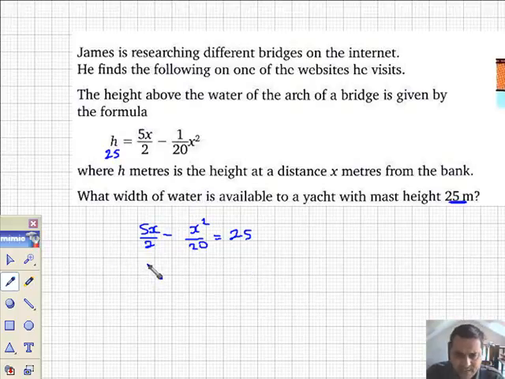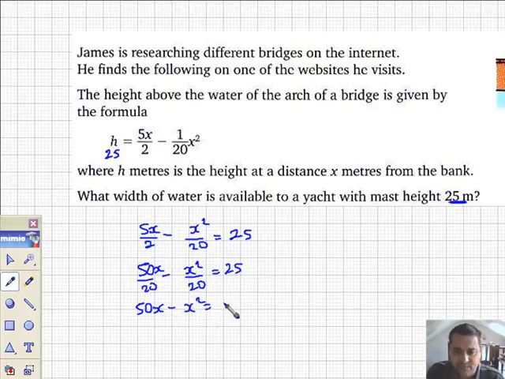So let's just tie this up a little bit. The common denominator will be 20, so it'll be 50x over 20, take away x squared over 20 is 25. Alright, so if I multiply by 20 throughout, I will get this. 50x minus x squared is going to be 20 times 25, 500. Is that alright?